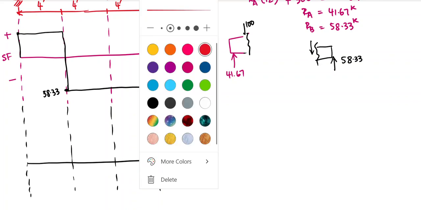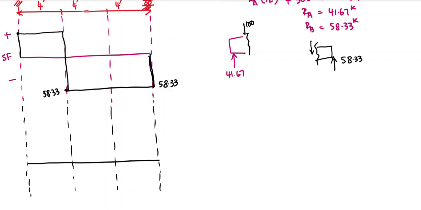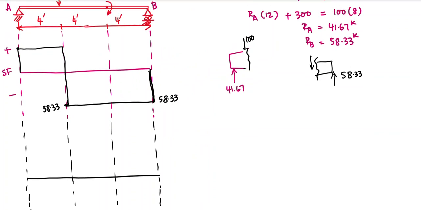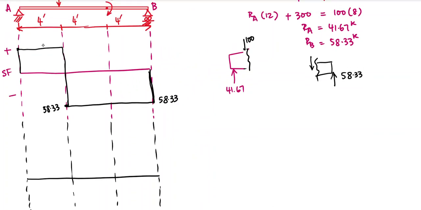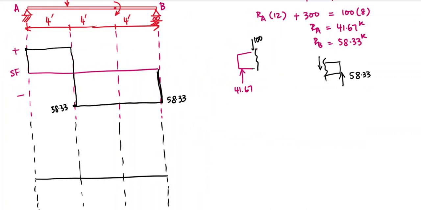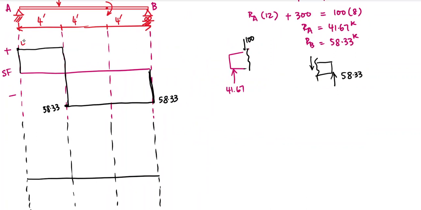Okay. Now the area on the first part of the beam, this value was 41.67. So this area is 41.67 times 4. That is 166.7. So here the bending moment is 0.